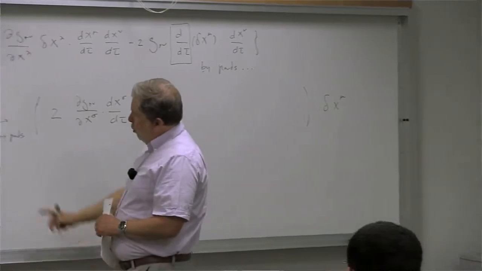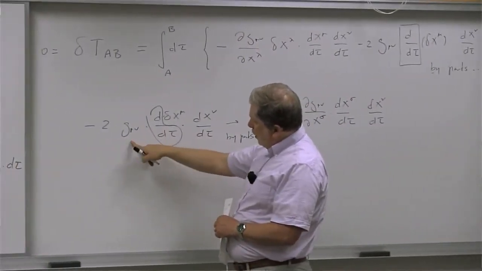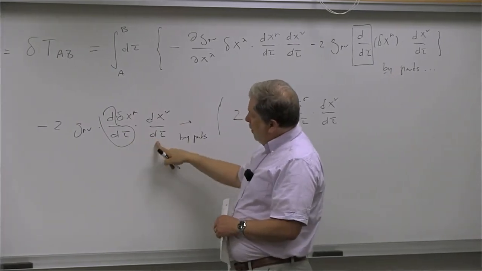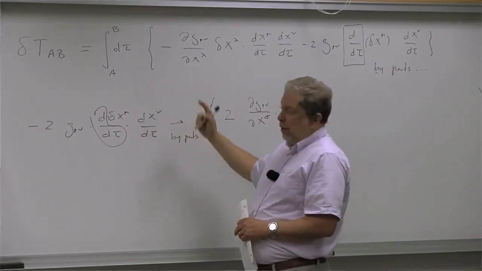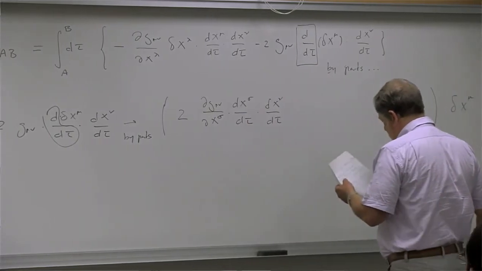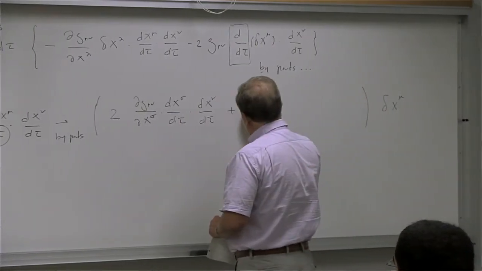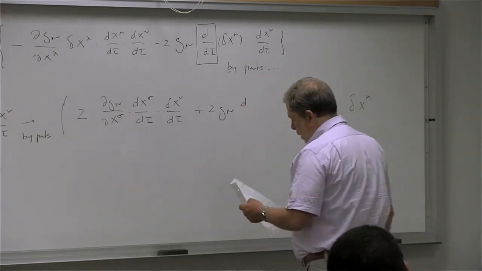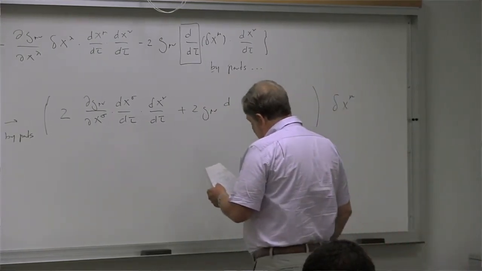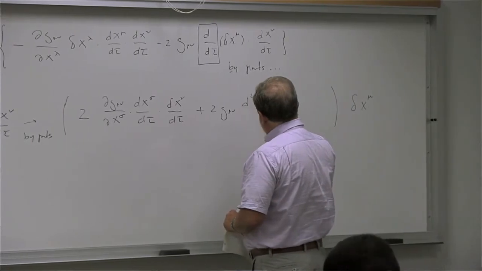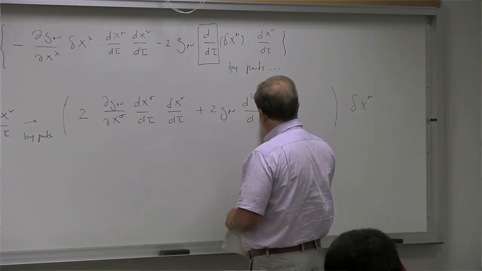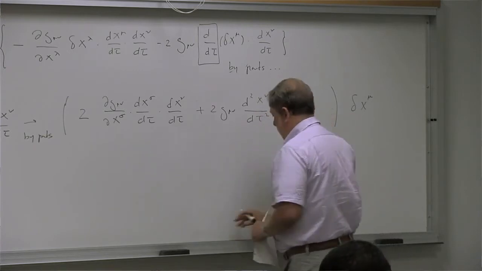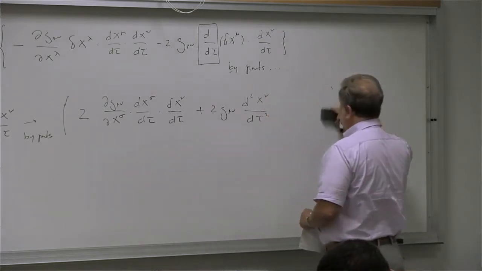And so the other term that you get when you integrate by parts is not the derivative of this one, but is the derivative of that with respect to tau. Well, the derivative of this with respect to tau just gives a second derivative. So that is easy, and we just write that in. So plus 2 times g mu nu, and then we have dx mu by the second derivative of x nu with respect to d tau squared, and then times the variation in dx nu.